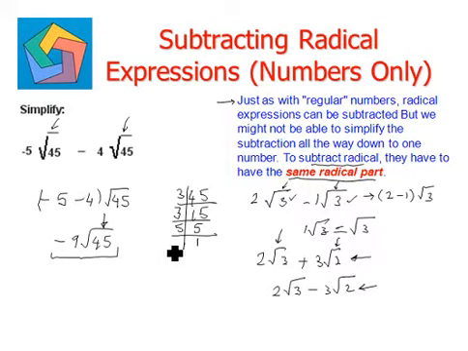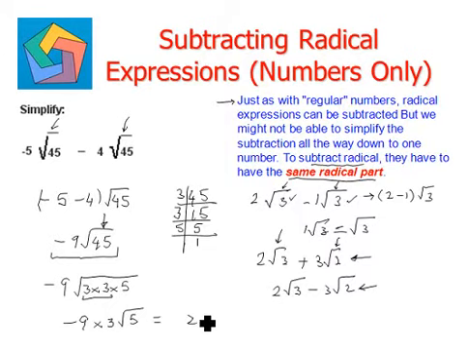So this can be written as negative 9 square root of 3 times 3 times 5. Two 3's can be paired up together and brought outside the radical. When they come outside, it becomes a single 3. So this is equal to negative 27 square root of 5. This is our final answer.